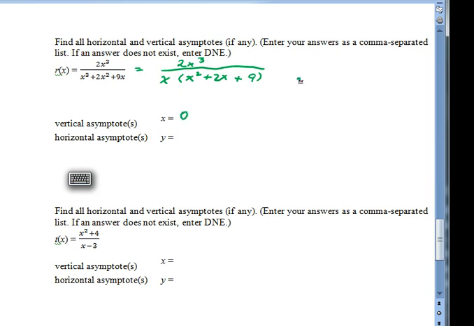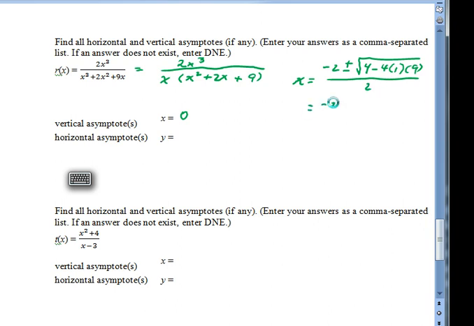There may be more depending on the zeros of the quadratic factor in the denominator. So the opposite of b, plus or minus the square root of b squared minus 4ac, all over 2a.